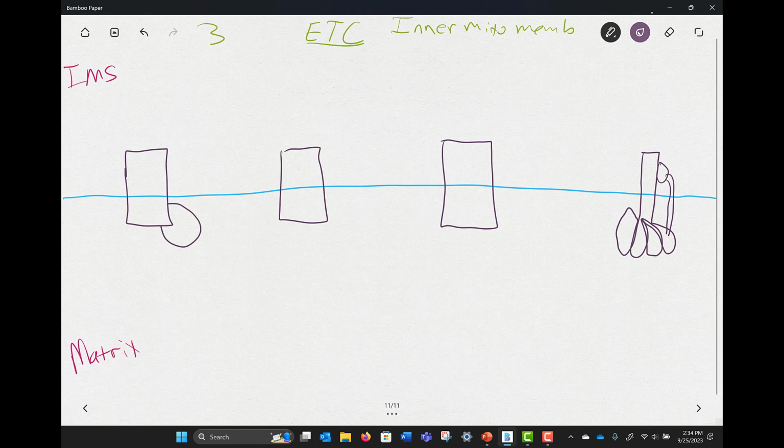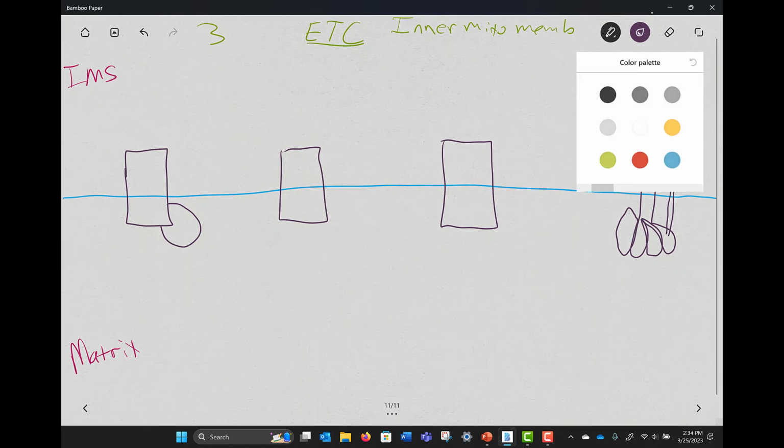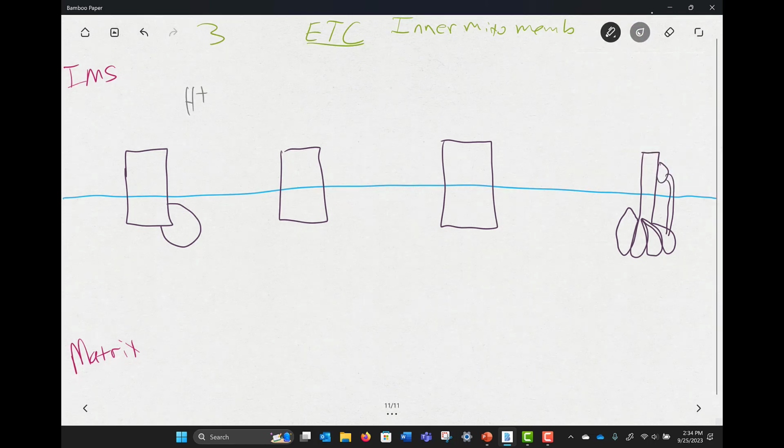Now, along the inner mitochondrial membrane, there are a lot of protons. I'm going to draw a lot. There is no significance to the number that I'm drawing, so don't try to make it match exactly the number of H pluses here.